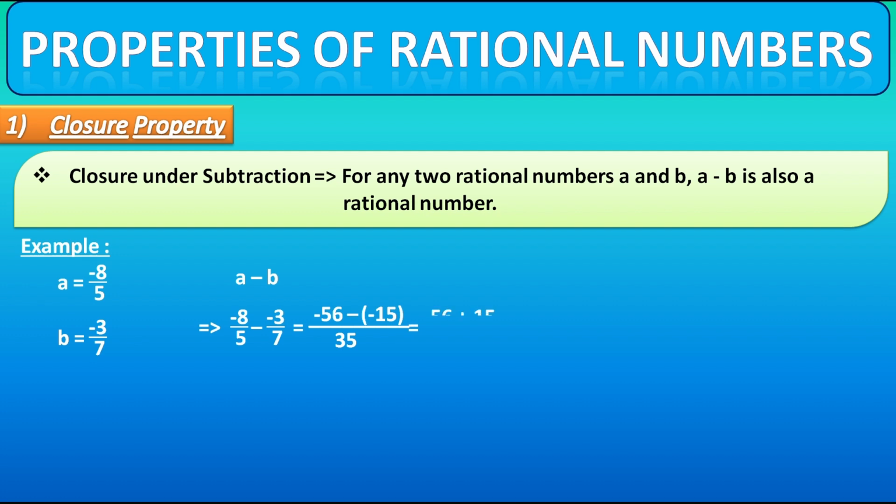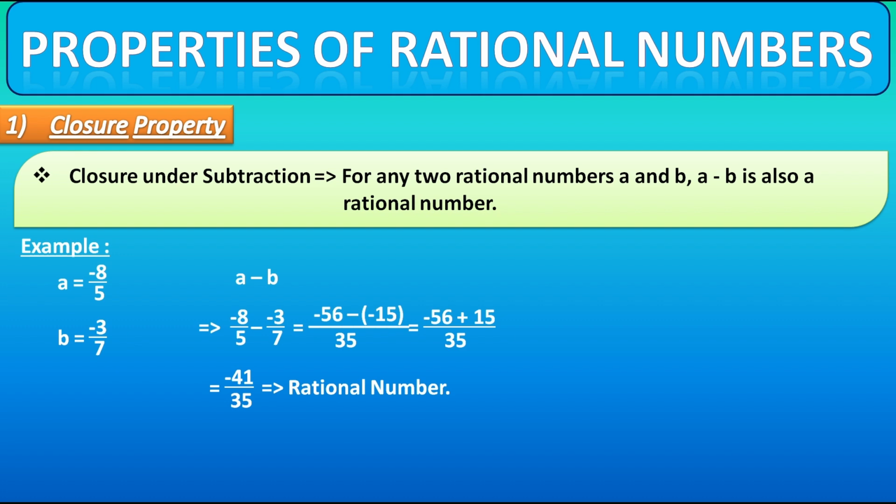So this became minus 56 plus 15 upon 35. Now as both the numbers have different signs, we have to subtract. 56 minus 15 is equal to minus 41 upon 35. And minus 41 upon 35 is a rational number.